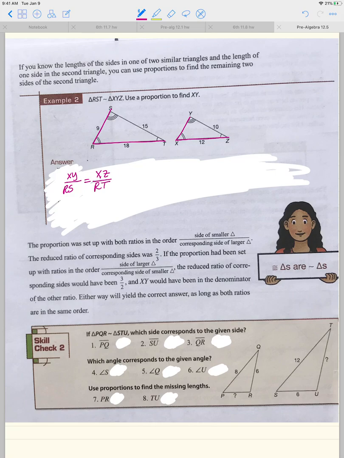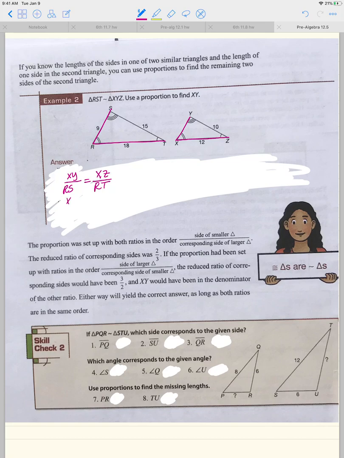So the ratio between XY and RS is equal to XZ to RT because these two triangles are similar.